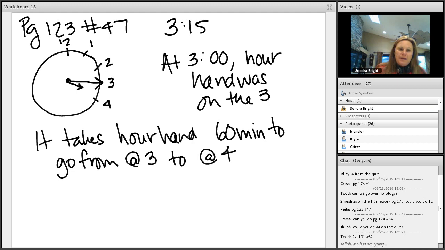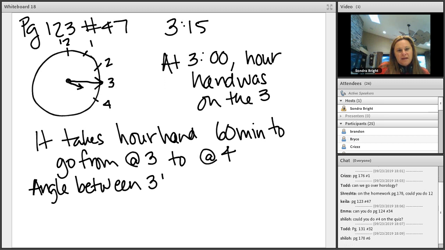Now, the angle between the 3 and the 4, the angle between the big numbers, is 30 degrees. That's true of every single one of these big numbers. It's 30 degrees in the whole thing.